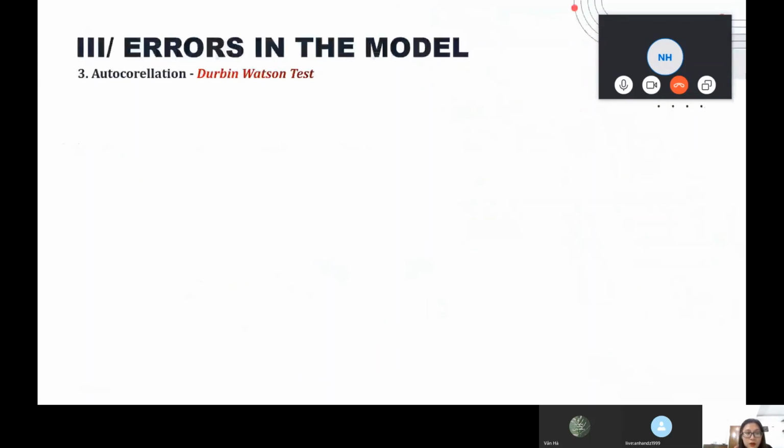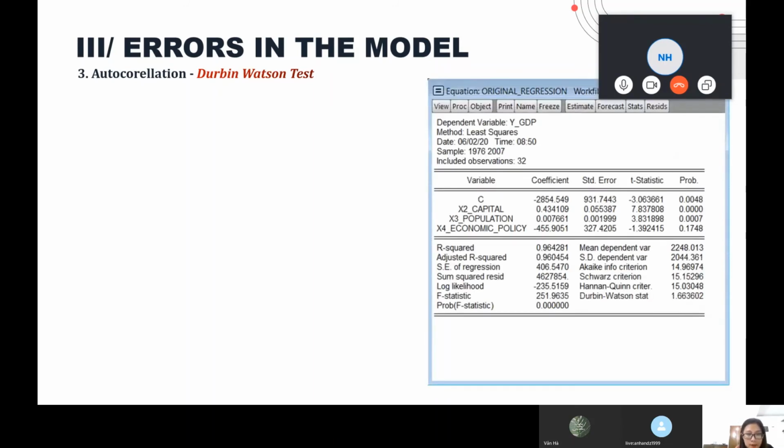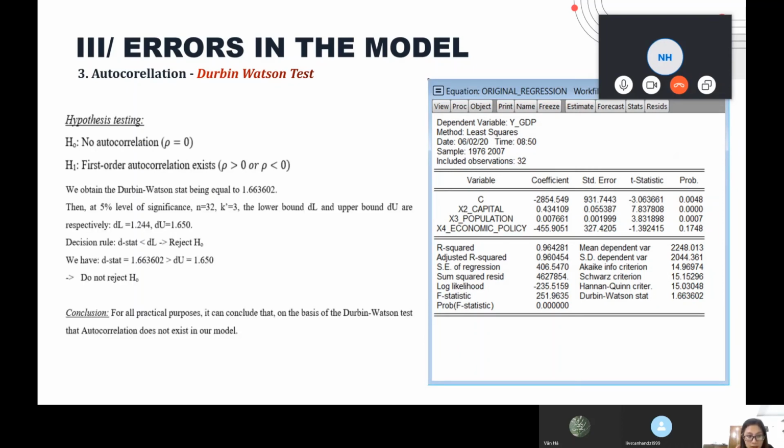The third error we will fix in the model is autocorrelation. We will use the Durbin-Watson test. The hypothesis test is H0, no autocorrelation, and H1, first order autocorrelation exists.